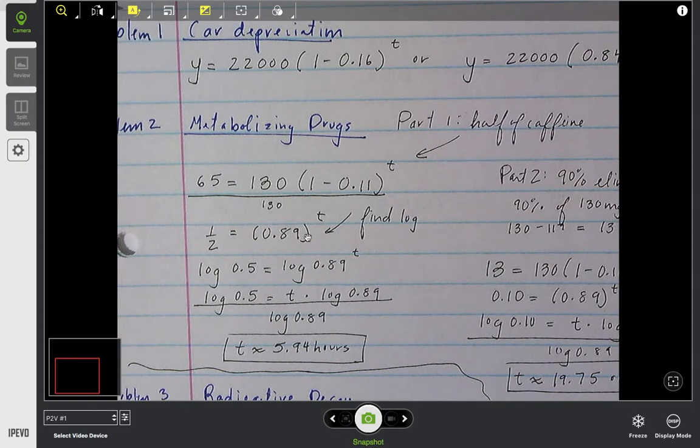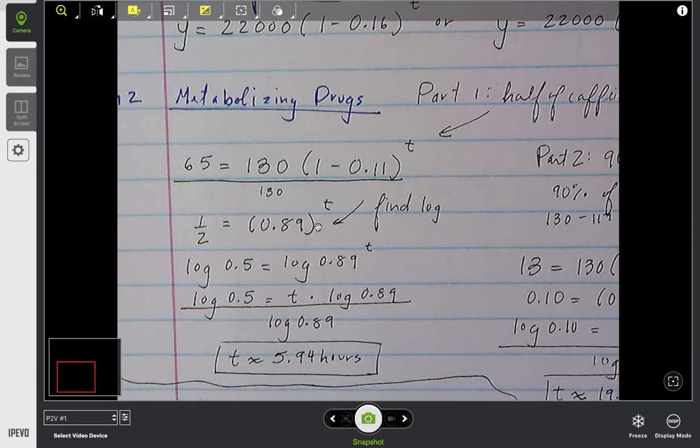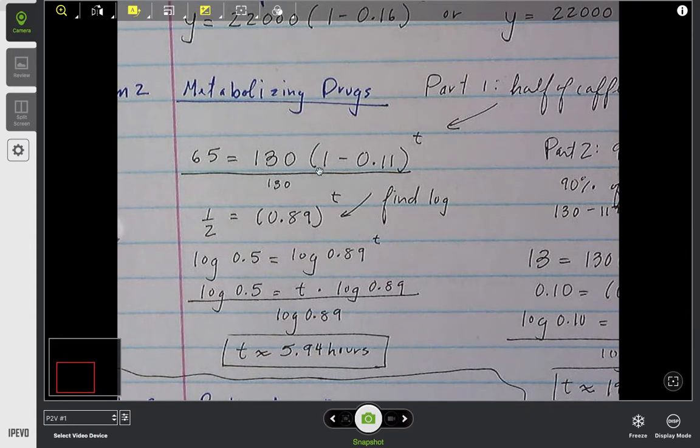And then this is really a key moment, kind of a momentous occasion, because once you get that 0.89, and on this side you've got 65 divided by 130 as a half, you cannot solve this equation algebraically if you don't know about logarithms. And so, it's really gratifying to have done all that work so that now you can access it. You want to know how long it takes, and that variable is up in the exponent there.